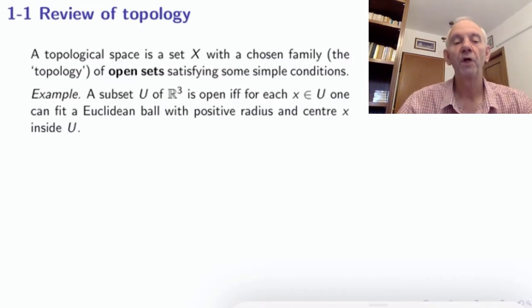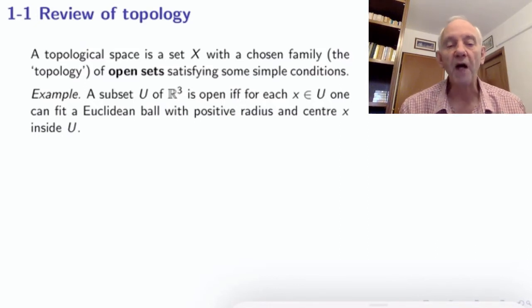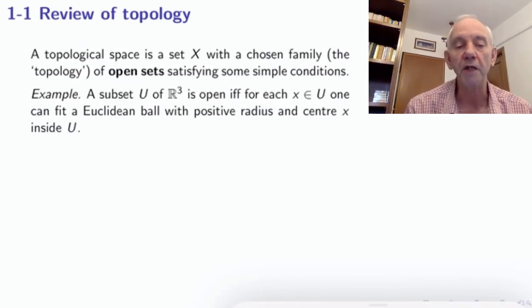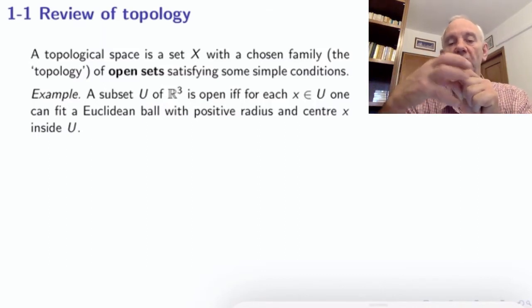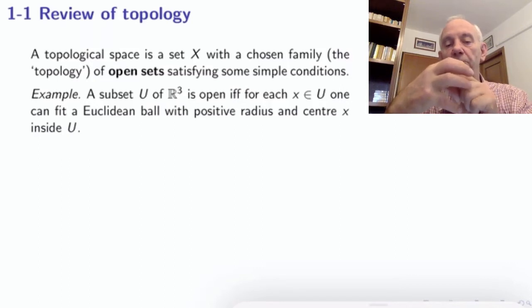So in ordinary Euclidean space, in particular in R3, when is a subset open? Well, it's open if around any point you can fit a small ball, in the usual sense of the word ball. If given any point, you can find a sphere and all the points inside that sphere belong to the subset.